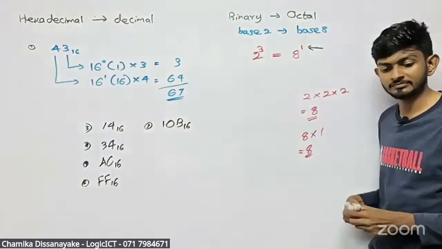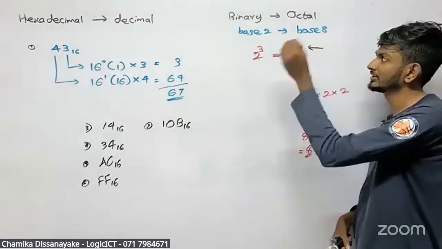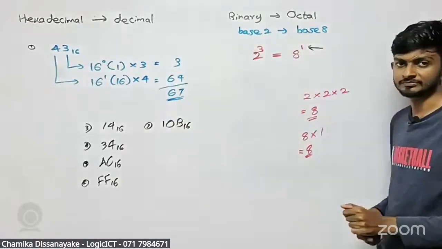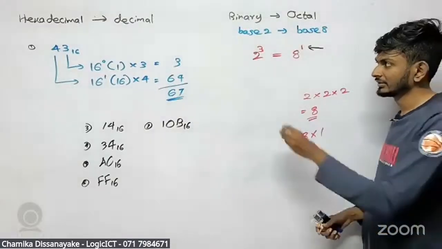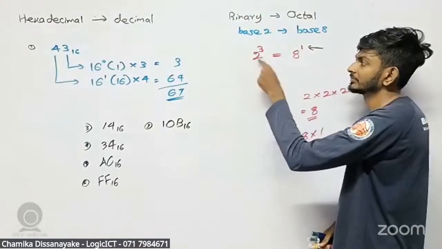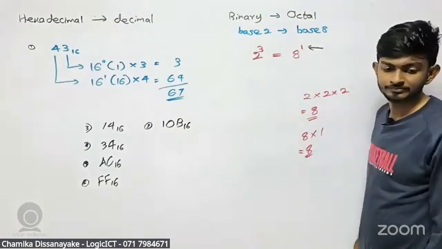That is the theory of the conversion of binary to octal and octal to binary. The theory is 3 bits in the binary number system is equal to 1 digit in the octal number system.